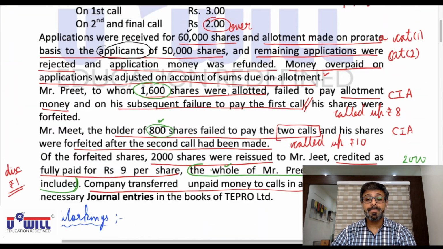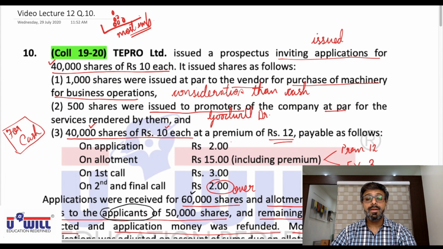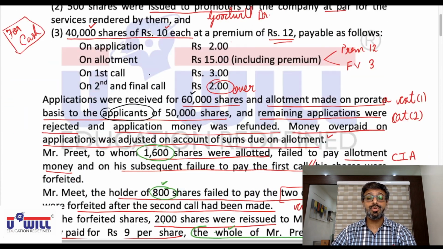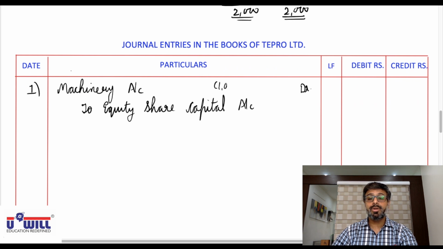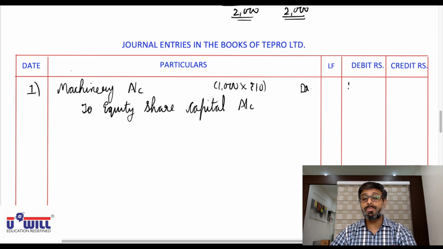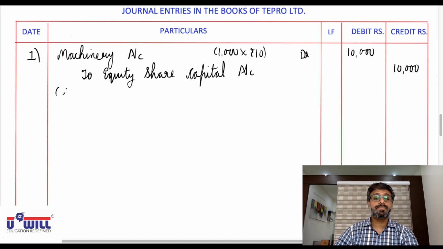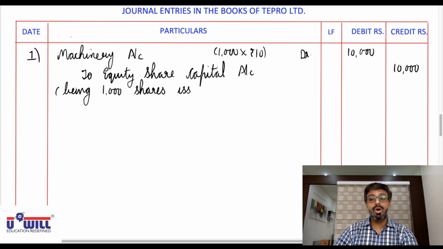Amount: 1,000 shares are issued, 10 rupees is the value, so 1,000 into 10, 10,000. The shares of 10,000 are issued, means machinery also would be of 10,000 rupees. Being 1,000 shares issued against purchase of machinery.